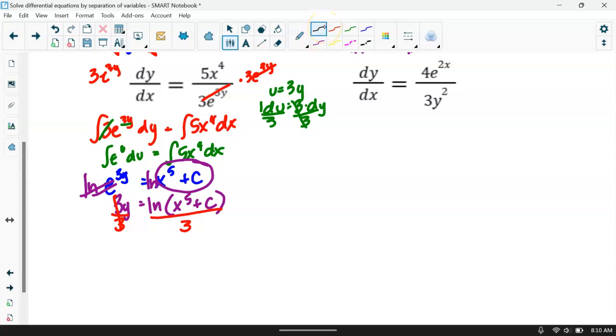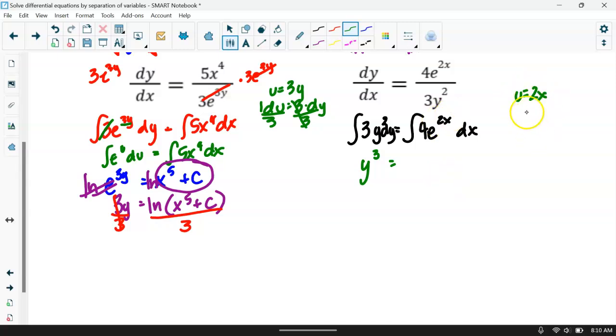So now, same thing. We're dividing by 3y squared, so we're going to multiply. So this is the integral of 3y squared with respect to y, which is equal to the integral of 4e to the 2x with respect to x. So here we end up with just y cubed, which is equal to, now here you had u substitution.